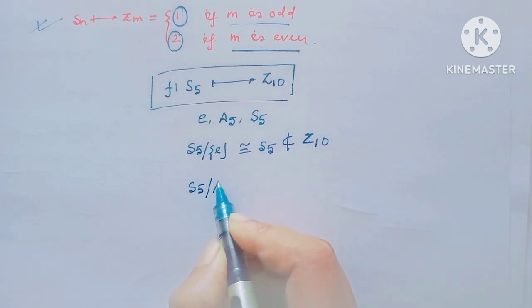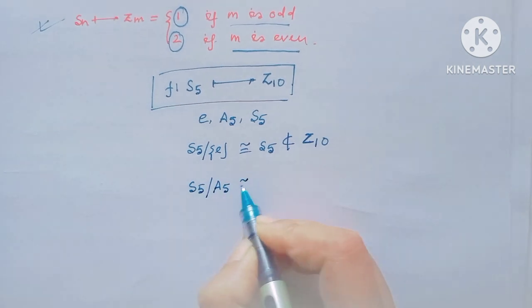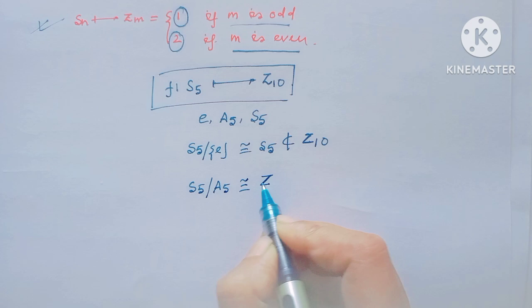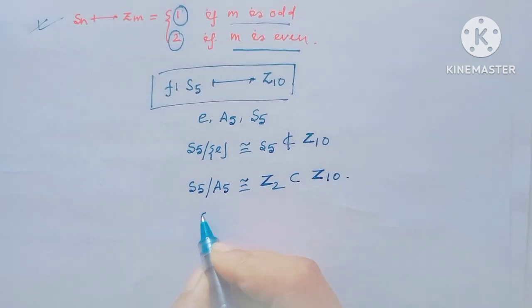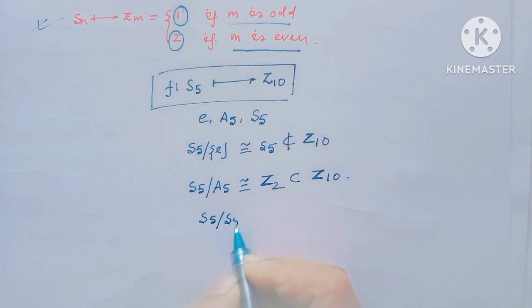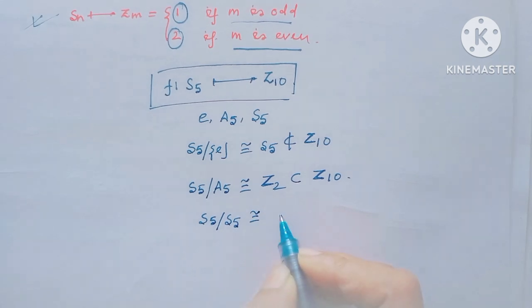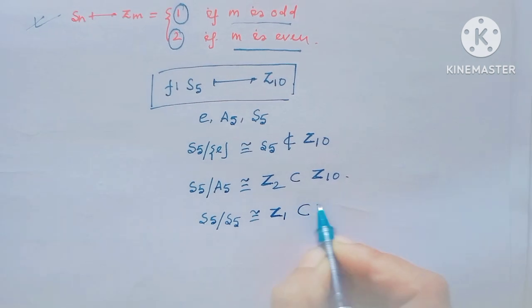S5 modulo A5 is isomorphic to Z2, and Z2 is a subgroup of Z10. S5 modulo S5 is isomorphic to Z1, which is a subgroup of Z10.